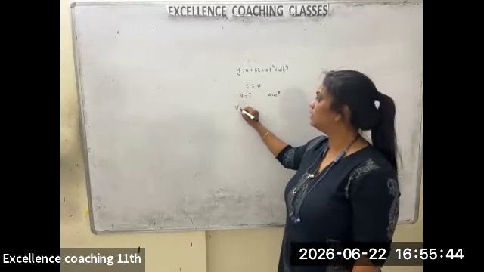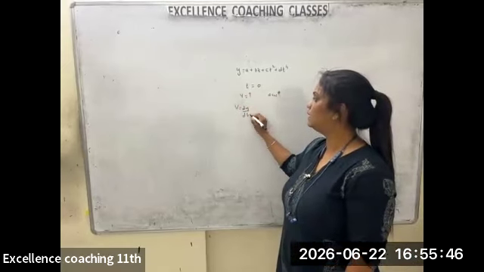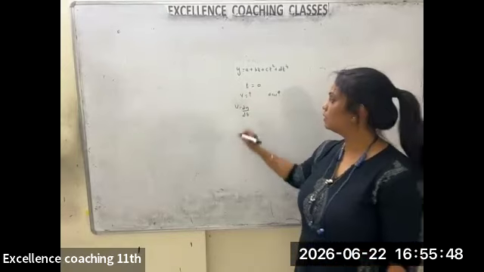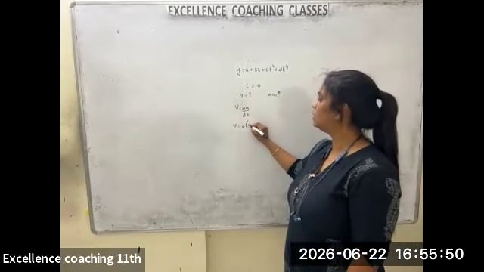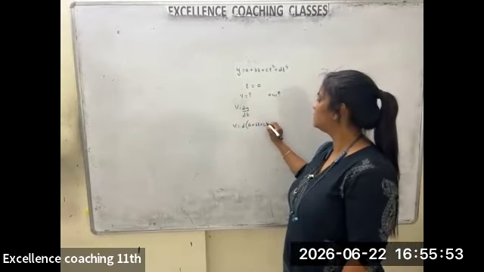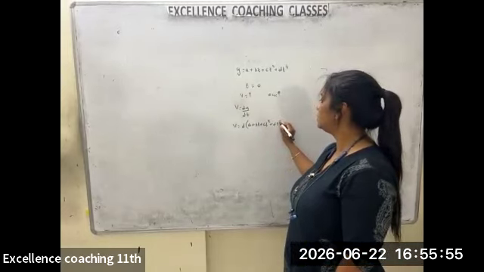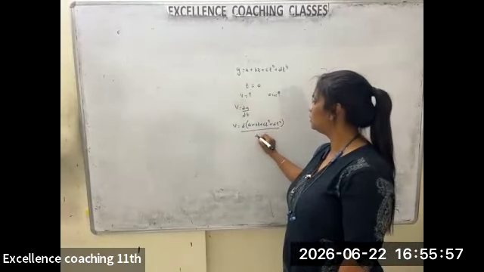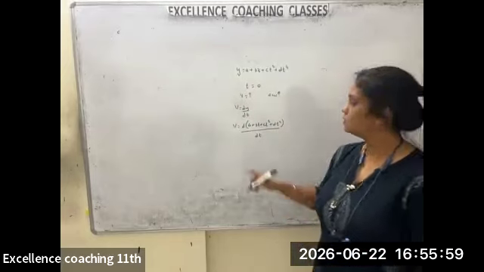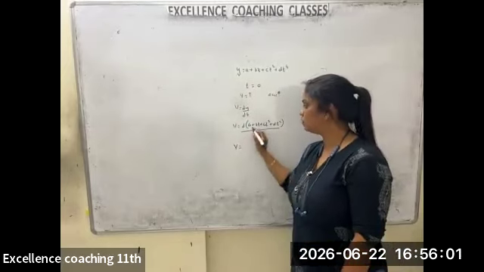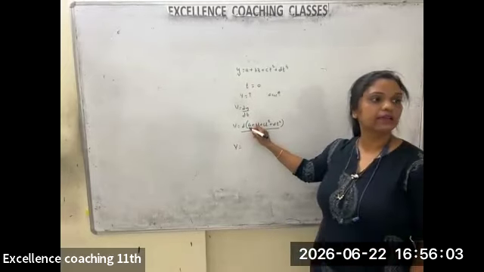So what is velocity? dy by dt will give you velocity. y is a plus bt plus ct square plus dt raised to 4, upon dt. Tell me the derivative of this. What will be the derivative of a? A is constant.